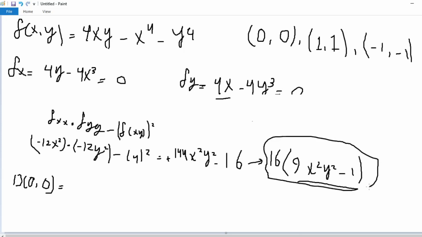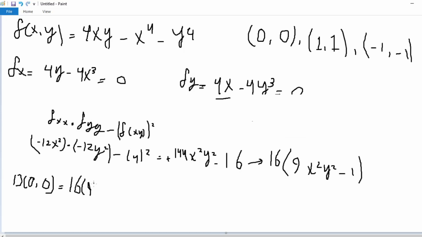So we can write that 16 times (9 times 0 times 0, negative 1) equals 16 times 0 times 0 times 9. Those cancel, so what's left is 16 times negative 1, which is negative 16. So the discriminant here is less than 0.